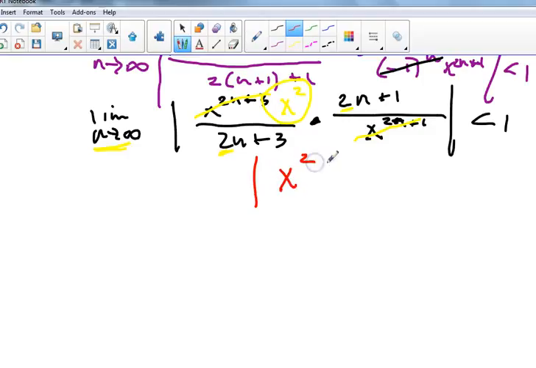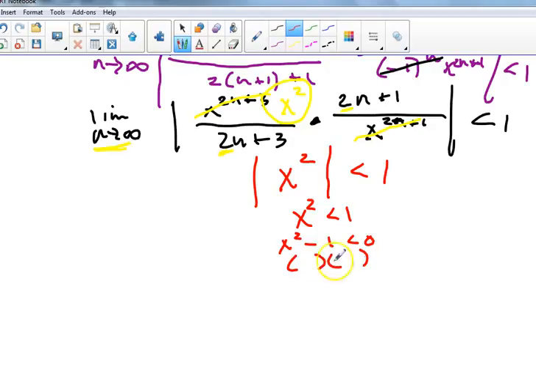So we took the limit, n's are gone, is less than 1. Okay, now you got to be careful with this. You can't just say x squared is in between -1 and 1. It might be, but you've got to use sign analysis for this. So if I were to pull that out of absolute values, x squared is less than 1. That means that x squared minus 1, don't forget the pre-calc that you know, has to be less than 0.